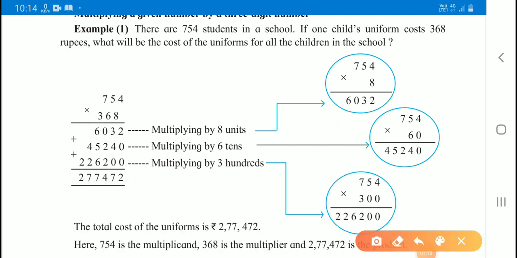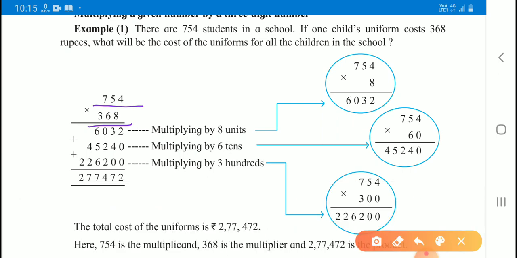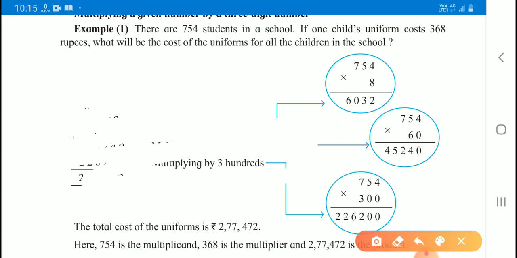So here they have given 754 multiplied by 368. Now first of all I will make the place for this and I will explain this example to you. Okay.